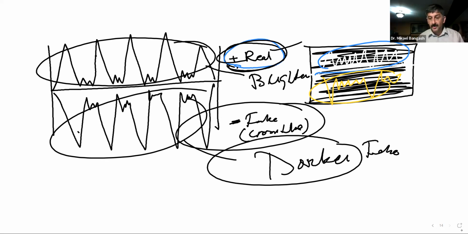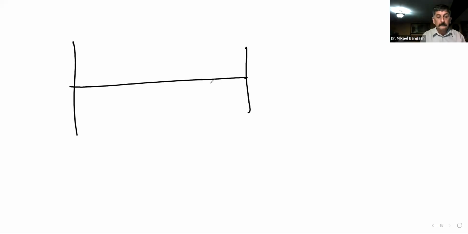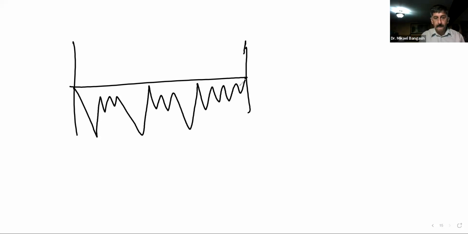So the same is going to apply if we said that now we had an actual Doppler shift which was negative.